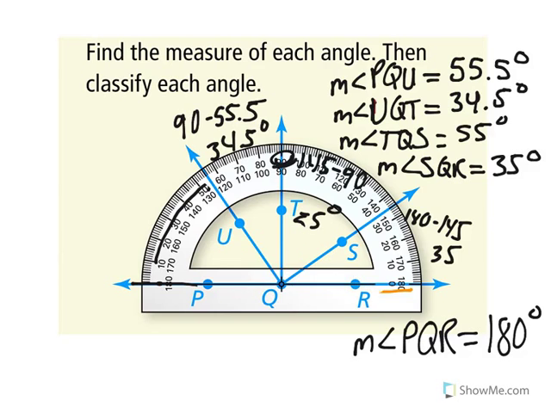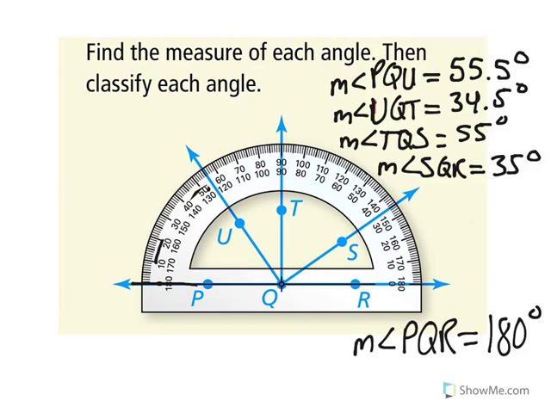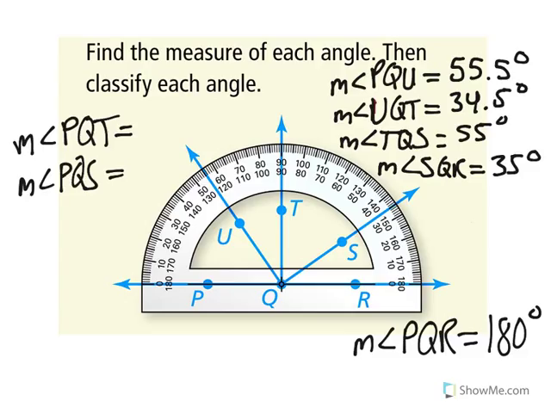Notice that there are other angles I could be looking at on this as well. Those aren't the only ones. Some other angles I could look for would be the measure of angle PQT. I can go from P all the way to T and look at that angle. I could do PQS, PQR, TQR, UQS.